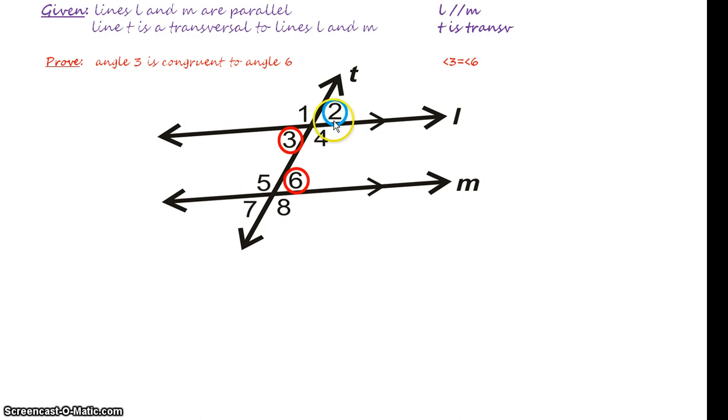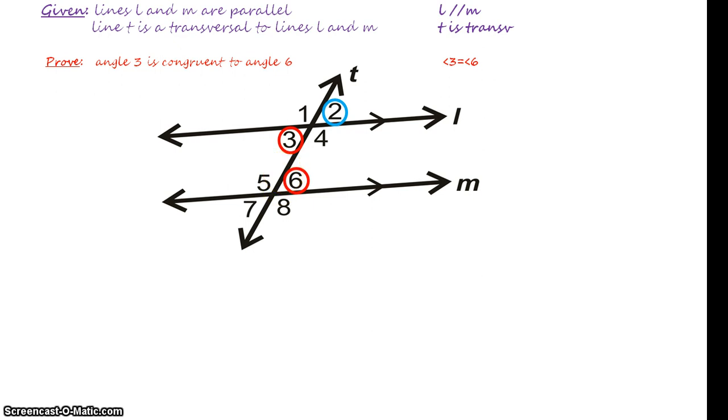Let's look up here at line M. What angle is above and to the right? That's angle 2. So angle 2 and angle 6 are corresponding angles, and we have a postulate that states that those two angles are congruent.